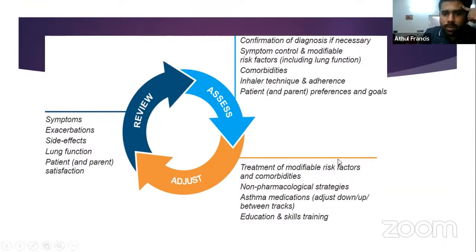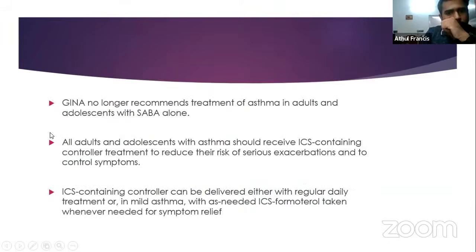Then there is treatment of modifiable risk factors, non-pharmacological strategies, asthma medication, whether you have to step up or step down, education and skill training, and review of symptoms and exacerbations. So this is what I told.